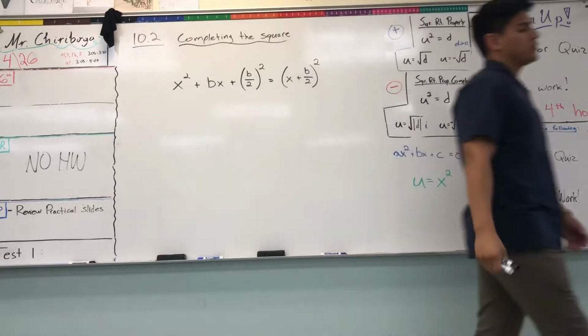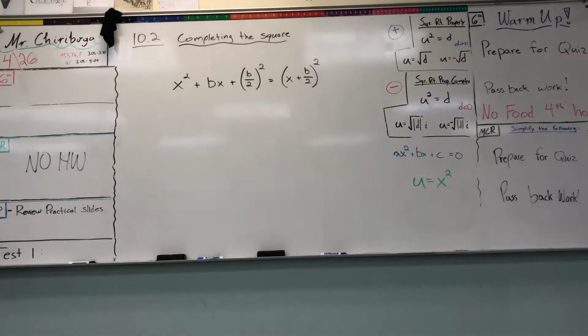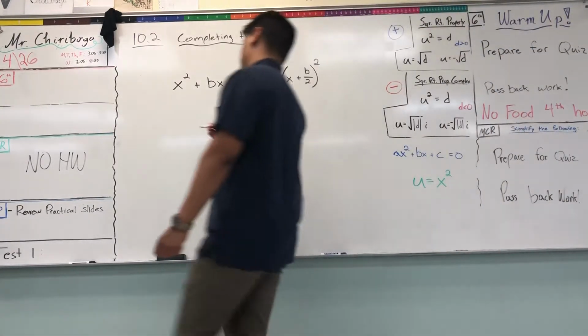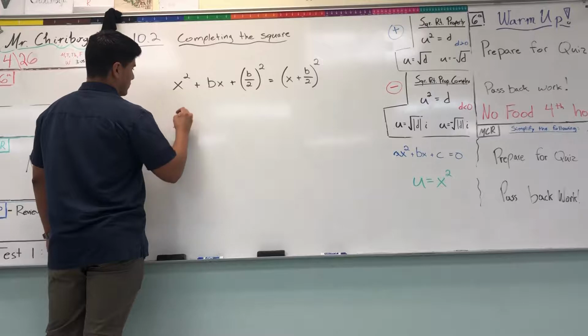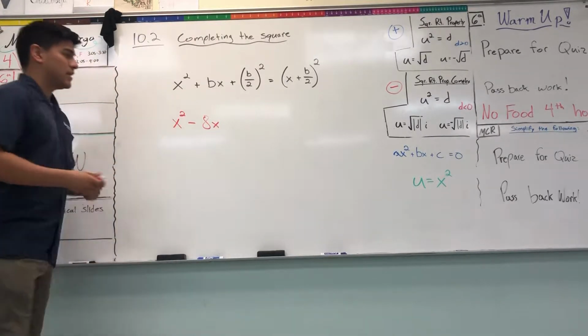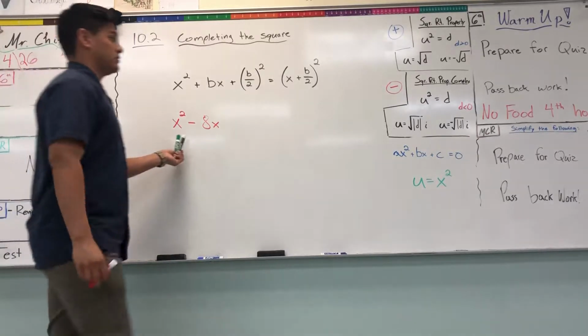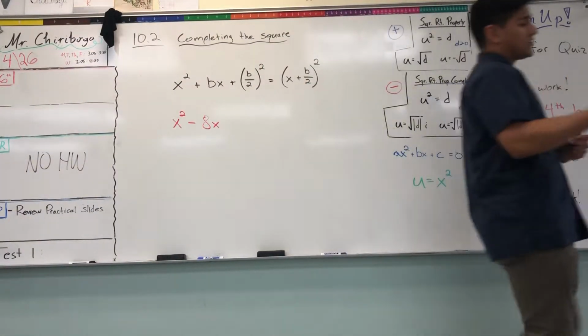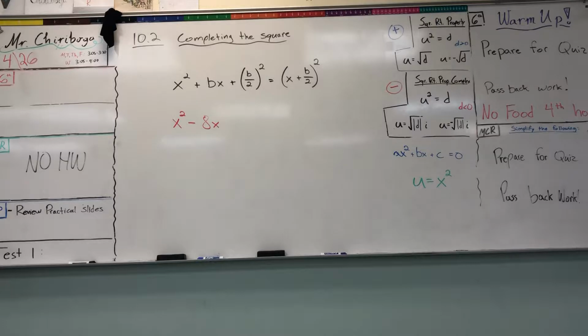Now, when we do a problem, then it'll become easier to see. So, for example, if you have x squared minus 8x, and you're just given that expression, and I ask you, complete the square for that expression.